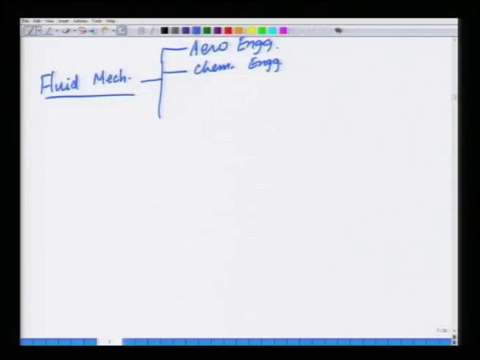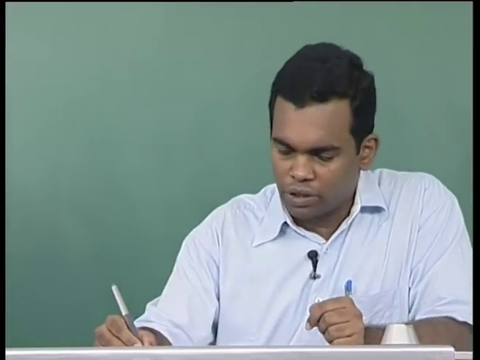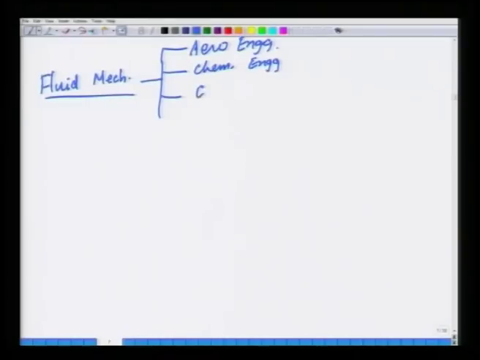So, aerospace engineers are interested in fluid mechanics, and chemical engineers are of course interested in fluid mechanics because, as we roughly pointed out in the beginning, many applications in chemical engineering involve fluid flow, and we will motivate the applications in the next few minutes. So are civil engineers, who are interested in understanding how water can be transported across cities, as well as how groundwater pollution occurs through the motion of water in the ground and so on.